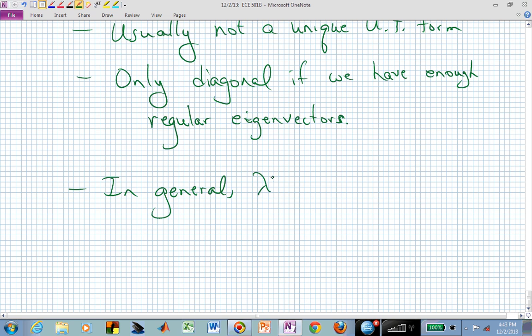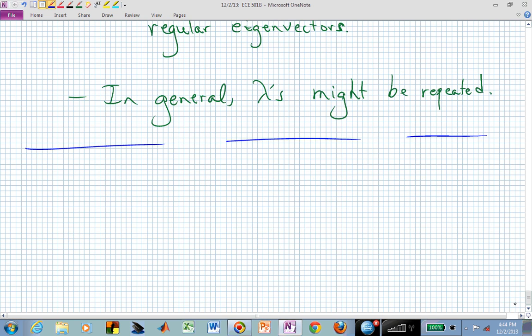In general, these eigenvalues lambda might be repeated. If they are, then that's what we're going to use in our terminology.